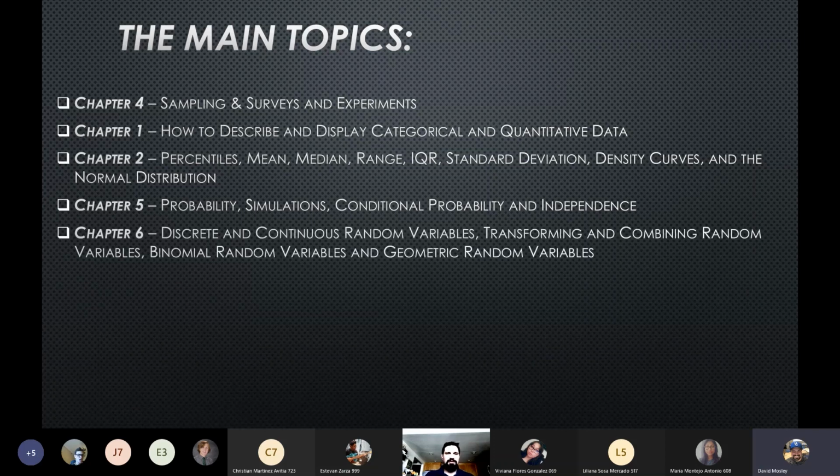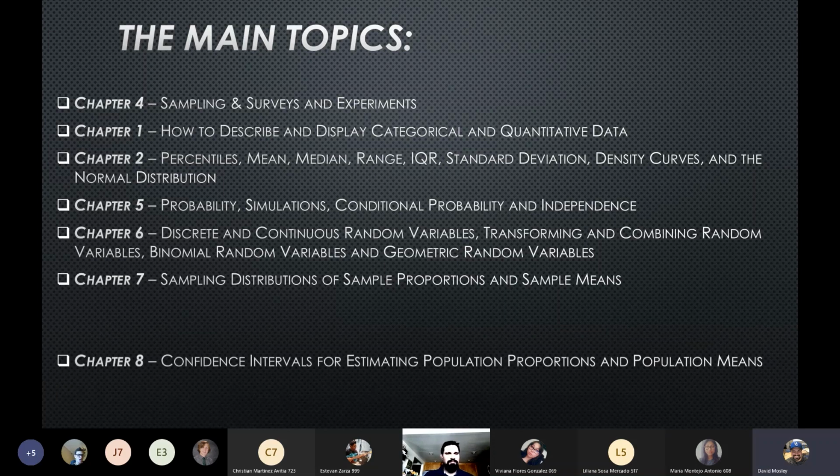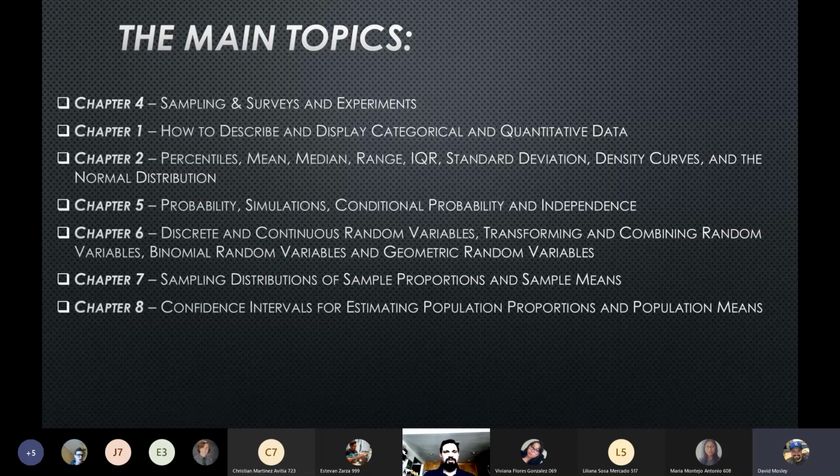In chapter 6, we talked about discrete and continuous random variables. This is where we began second semester. Transforming and combining random variables, binomial random variables, and geometric random variables. Then we moved into chapter 7, which has to do with sampling distributions of sample proportions and sample means. Then chapter 8 was confidence intervals for estimating population proportions and population means.